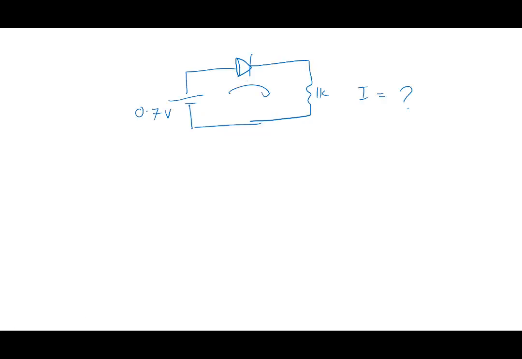Remember the diode model, we have already said ID equals IS e to the power V by VT minus 1, and let's say IS is 10 power minus 15. How would you calculate I here? What would you do? Obviously in this case we just saw the 0.7 volt model is not working. You can't apply it. What will you do here?